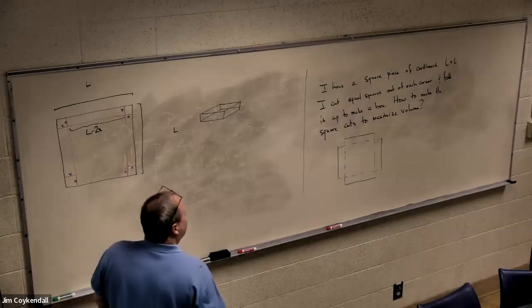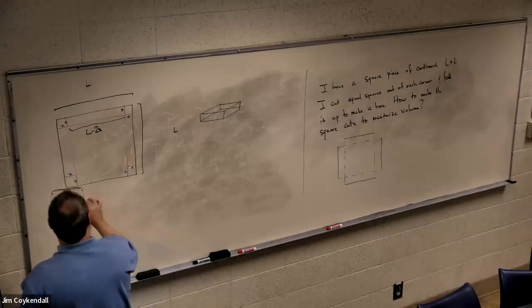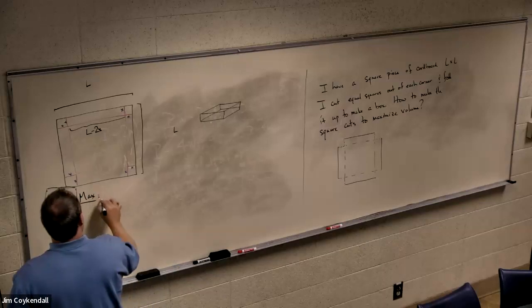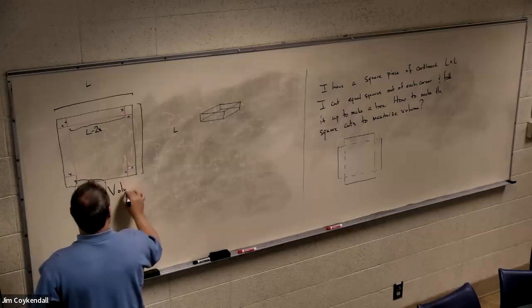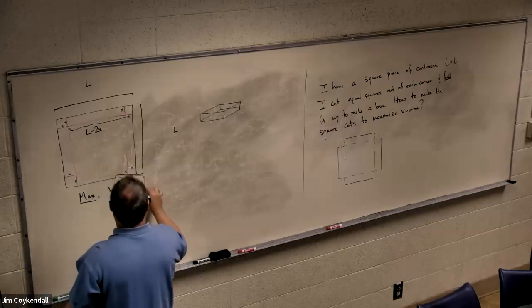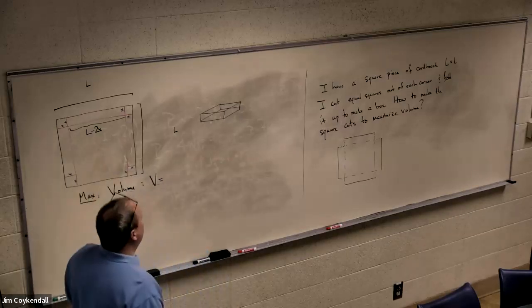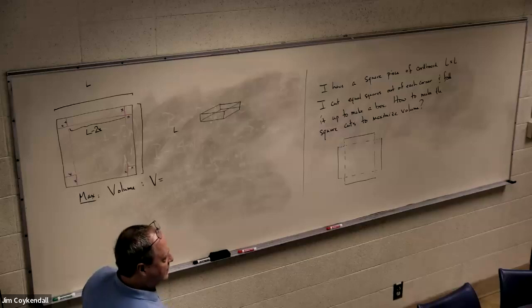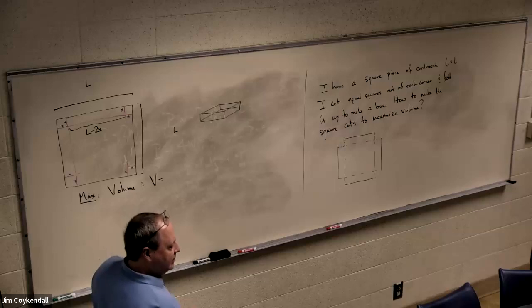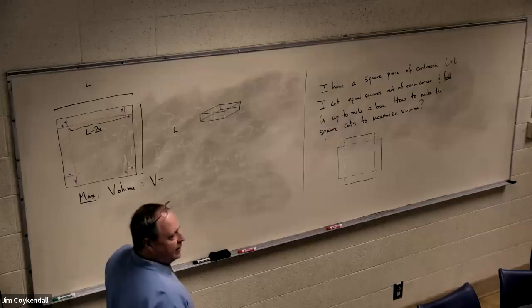So, what are we trying to maximize? We're trying to maximize the volume. And what is the volume of the box? It's the area of the base, right? What is the area of the base?